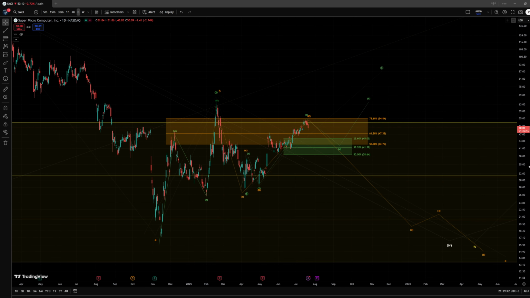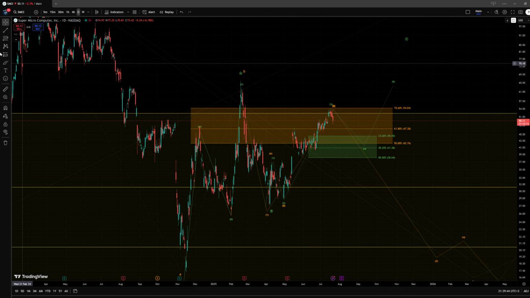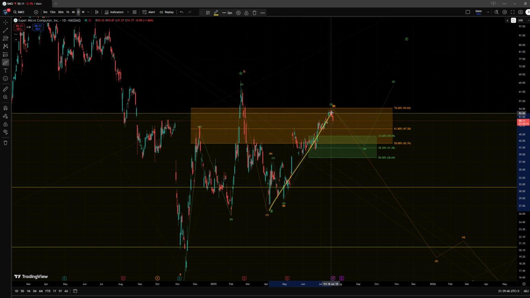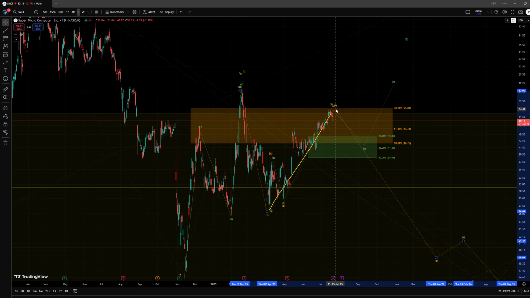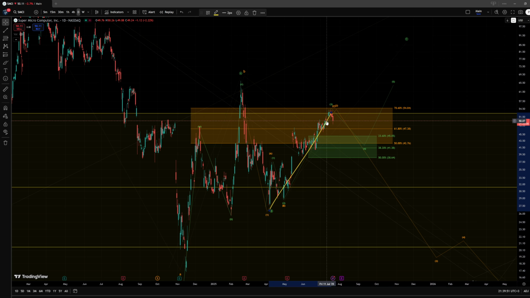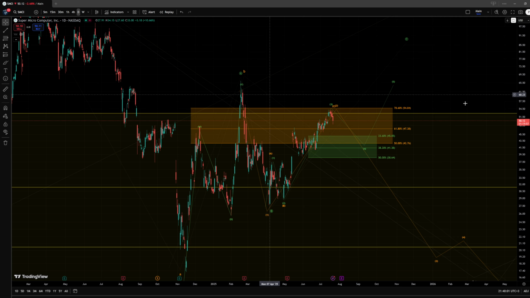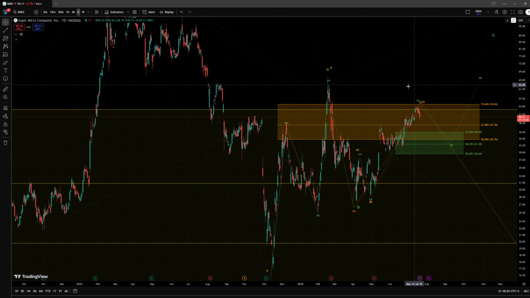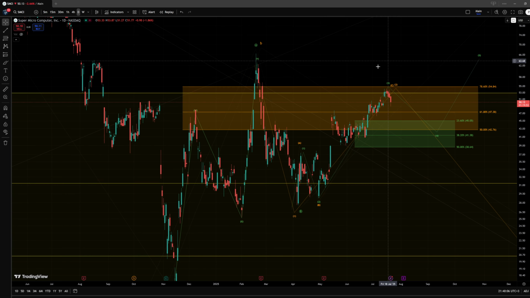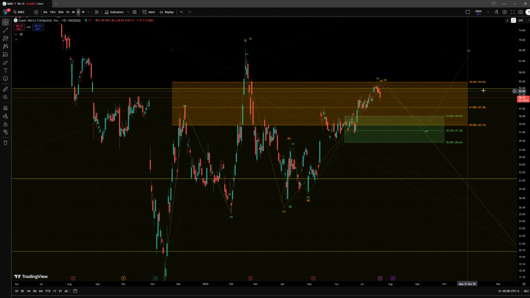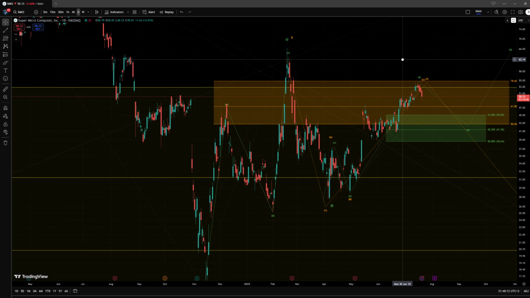But at the moment we have just probably completed the wave 2 in the orange scenario case, and also notice we haven't broken above the wave 4, the orange scenario resistance here at the 78.6% retracement at around $54.8. That has completely held, and the resistance zone forced a reaction to the downside.